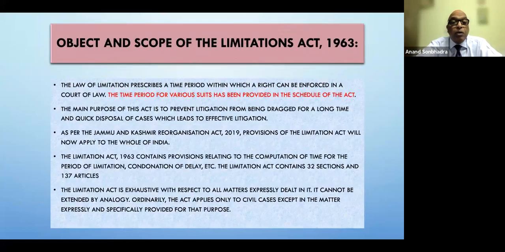Now let's look at what are the objects and scope of the Limitation Act. The law of limitation prescribes a time period within which a right can be enforced in a court.